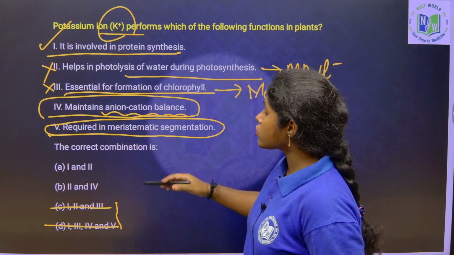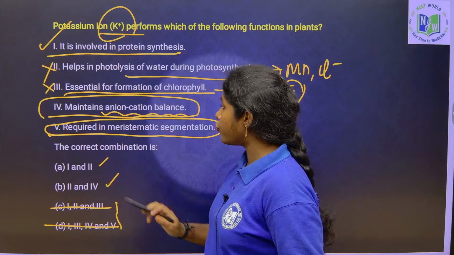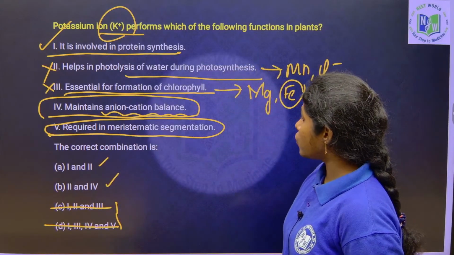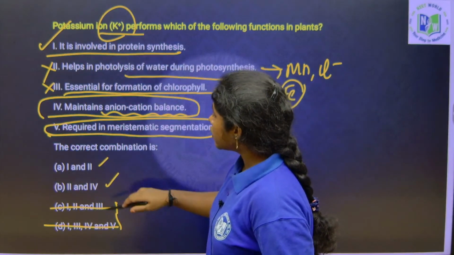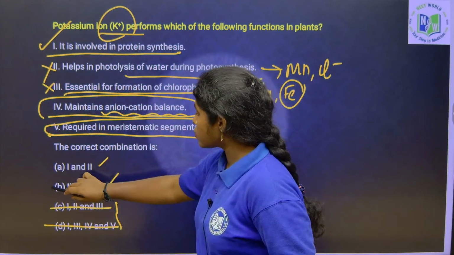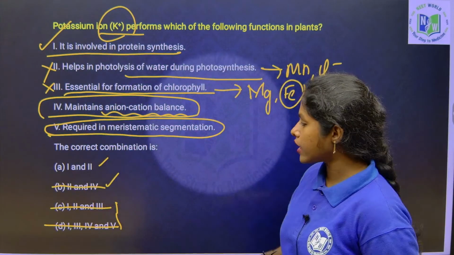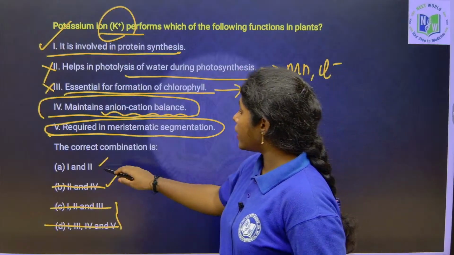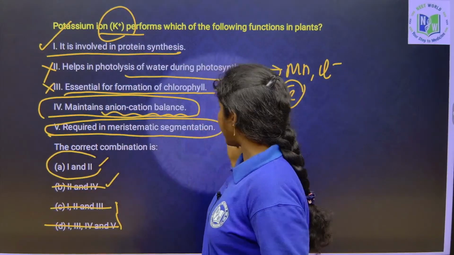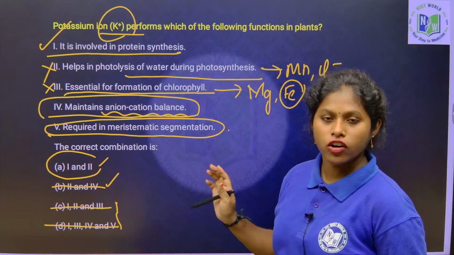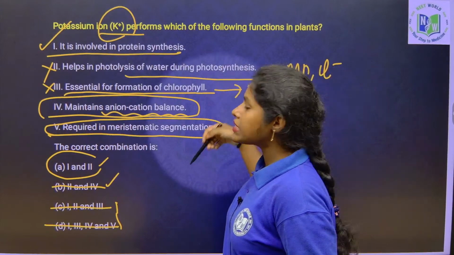Now see the first option, 1 and 2 given, and 1 and 4 given. So 1 and 2, we all know that 2 is also a wrong option. So you have to strike it out. But here the combination given is 1 and 2 only, not 5, which does not mean it is wrong, students. The 3 statements are right.